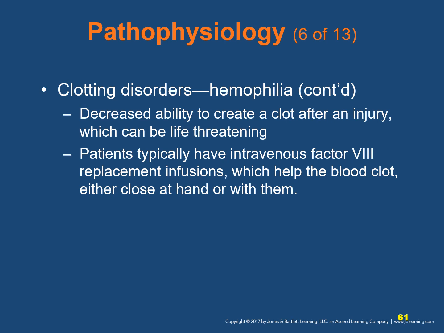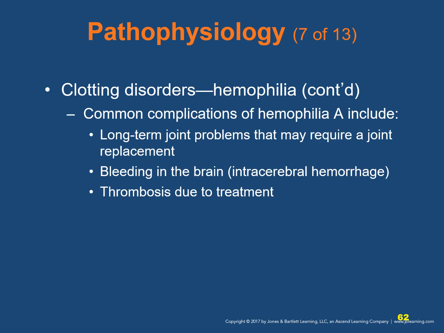Patients with hemophilia A typically have intravenous factor VIII replacement infusions, which help the blood clot, either close at hand or with them. Common complications of hemophilia A include long-term joint problems that may require joint replacement, and bleeding in the brain, which is intracerebral hemorrhage. Thrombosis due to treatment also can occur.